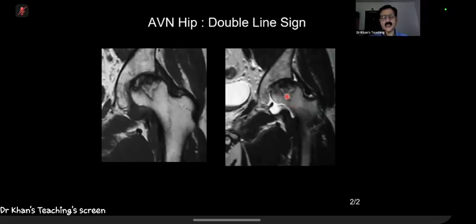So these two lines, the answer is quite simple. The first line is the interface between normal and abnormal bone. So from here, the infarction, the avascular necrosis, commences. And the second line, the high signal intensity line, is because of granulation tissue. Granulation tissue is the interface.